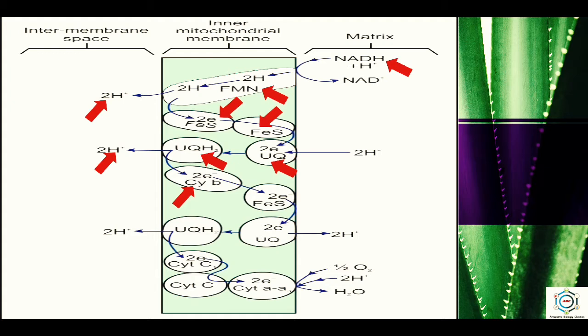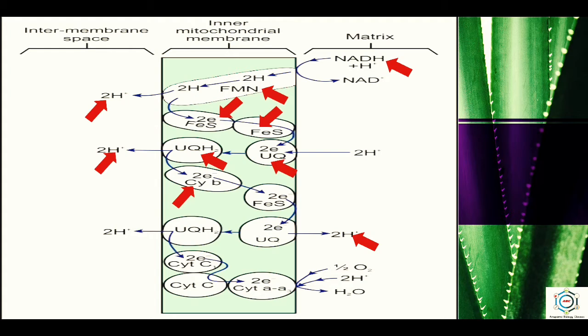The reduced ubiquinone then transfers its electron to complex 3, that is cytochrome BC1 complex, and 2 hydrogen to the outer side. Now, see here, the reduced cytochrome B then transfers its electron to FES protein.